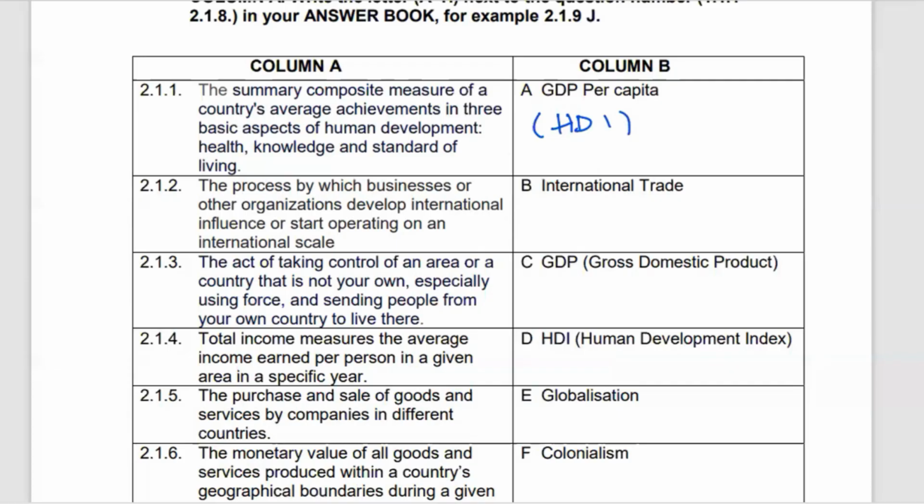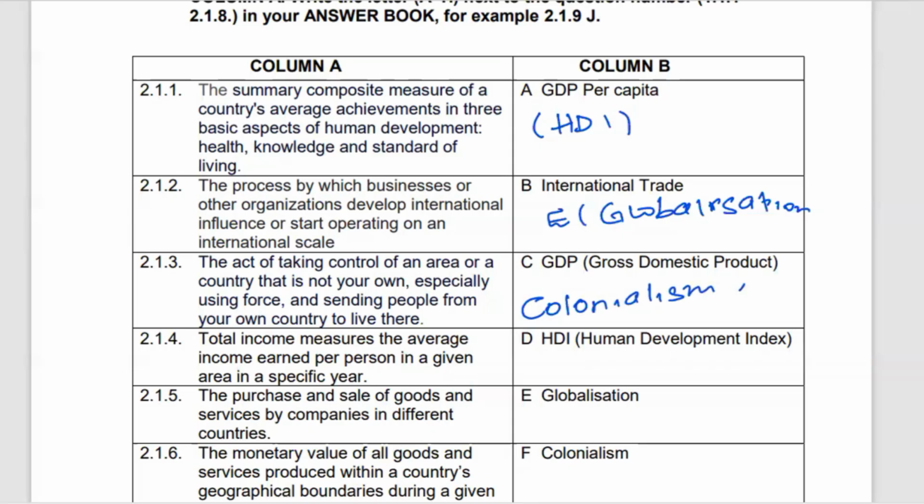The process by which businesses or other organizations develop international influence or start operating on an international scale. The answer is E, which is globalization. The act of taking control of an area or a country that is not your own, especially using force and sending people from your country to live there. It's F, that is colonialism.